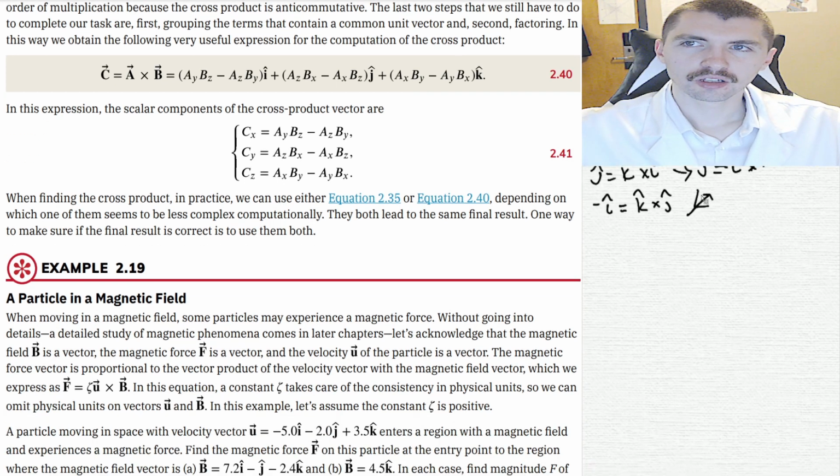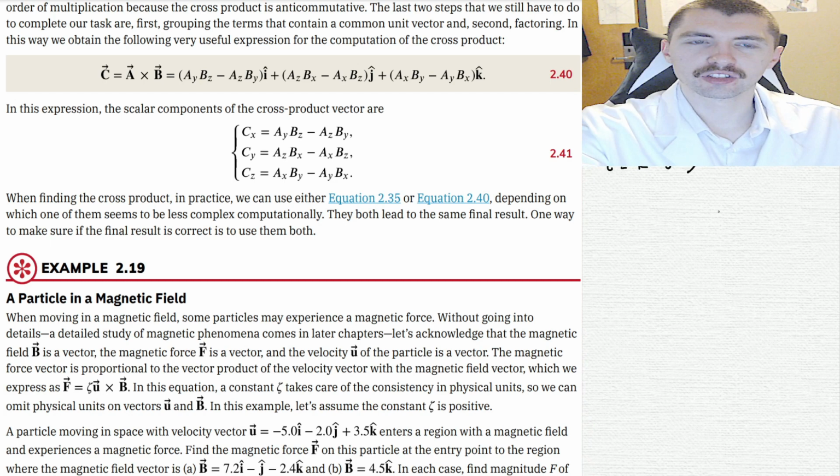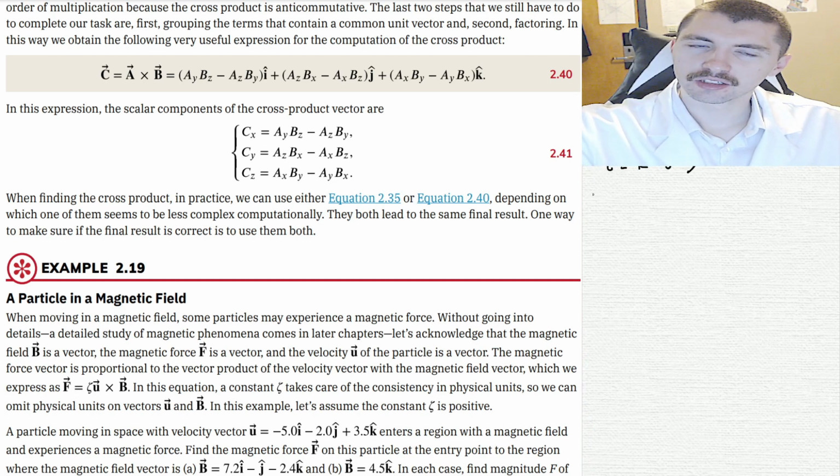So in other books that I have seen, they will argue the cross product.